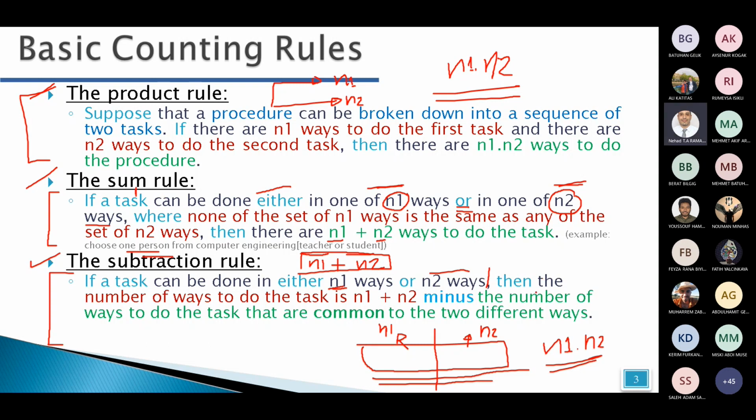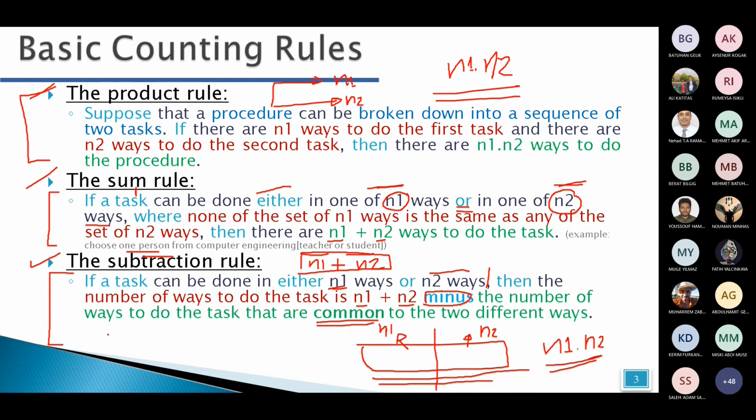But what's the difference? If we have a number of ways shared in common between n1 and n2, then the number of ways to do the task is n1 plus n2 minus, here's the difference, minus the intersection, minus the number of ways to do the task that are common. Okay.